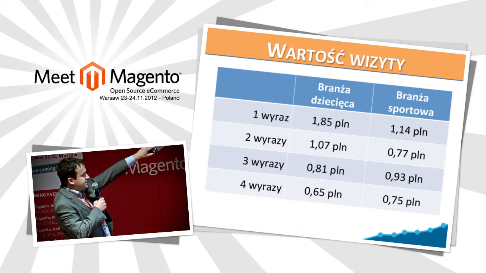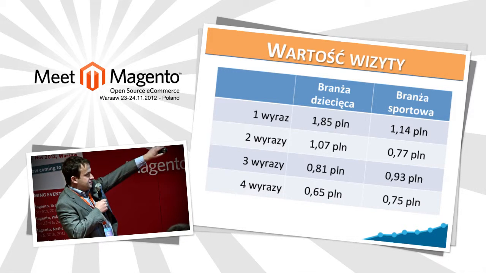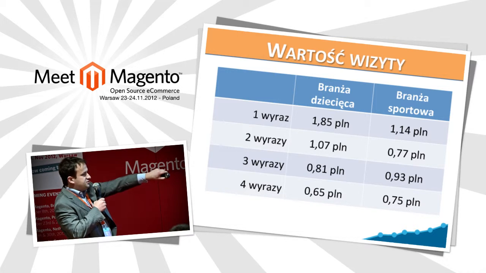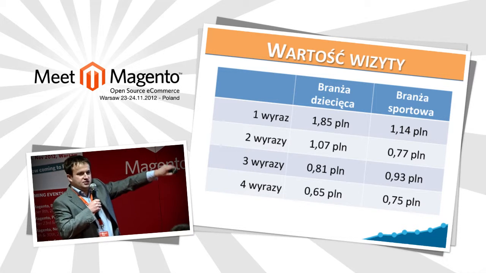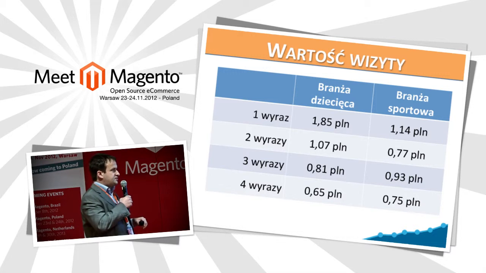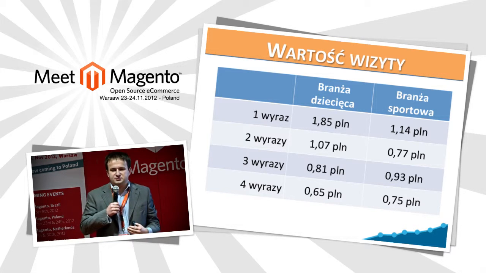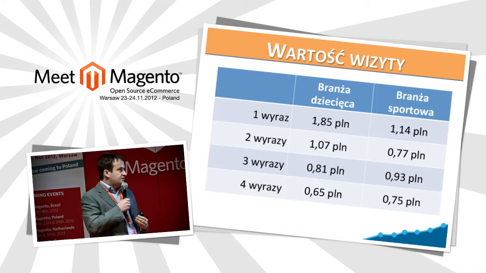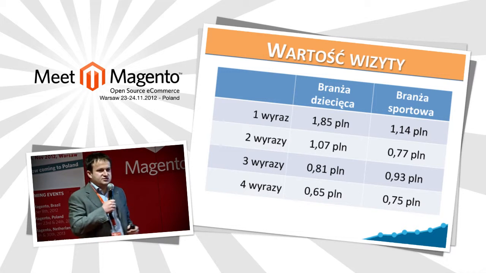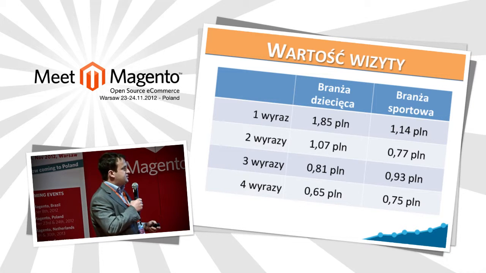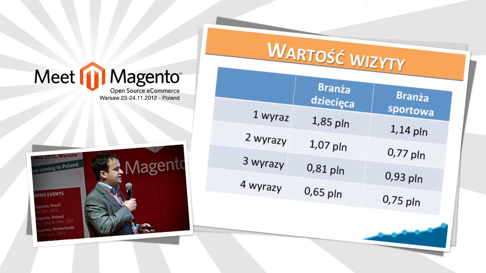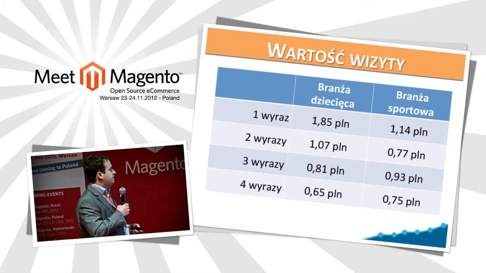Until you divide your data into segments, you will not know whether it is like in this kids store, where the longer the phrase, the lower the revenue, or as in the sports business, sports sales, where a three keyword search generates more sales than two keyword searches. So if you build a list of search engines that you want to optimize, or you want to hand over to an SEO agency, you need to consider whether to focus on two keyword searches or three keyword searches. You will be able to answer these questions very simply if you divide it into relevant segments with high probability that your response will be correct.